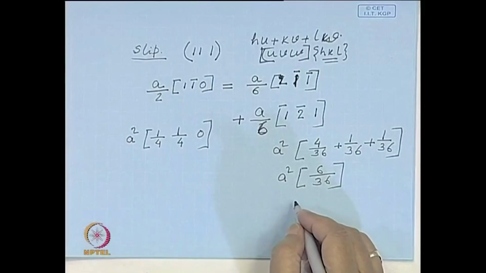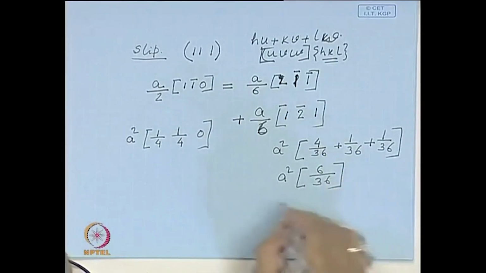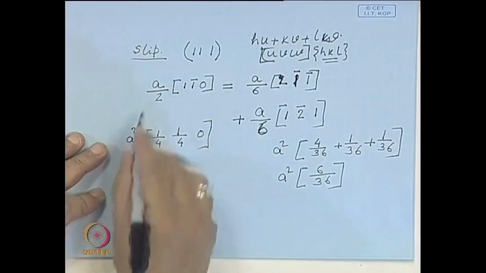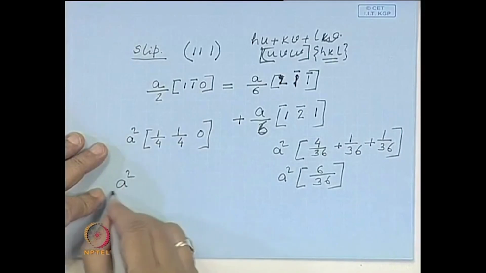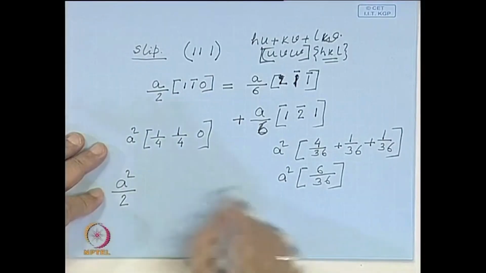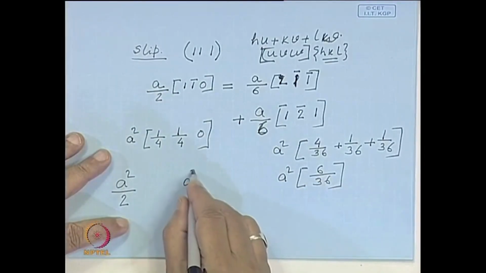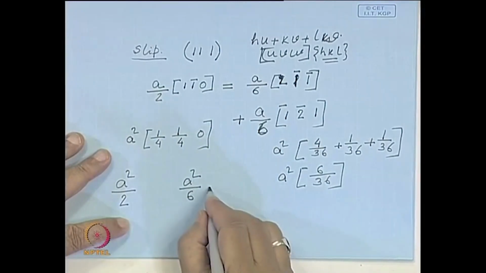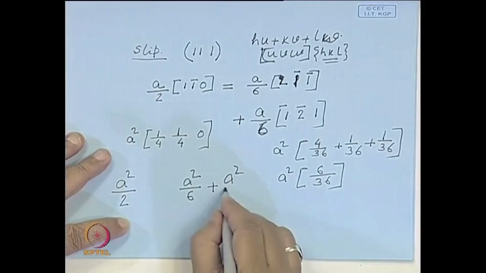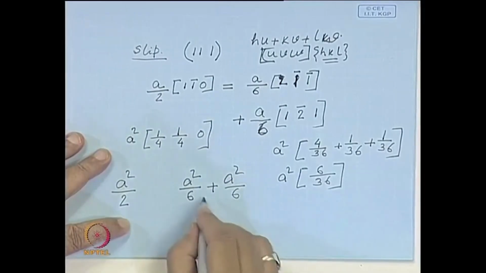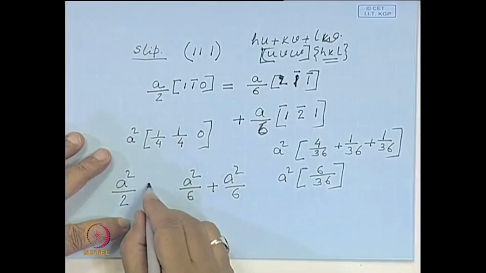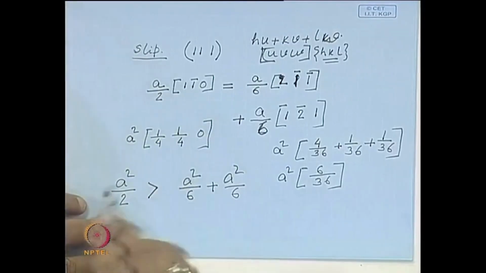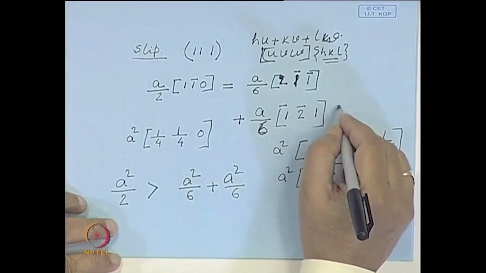So basically here it is a square over 2, and in this case it is a square over 6, and you have 2 of this, a square over 6. Now, if you add this up, you find that this is greater than this. So this kind of splitting is energetically favorable.